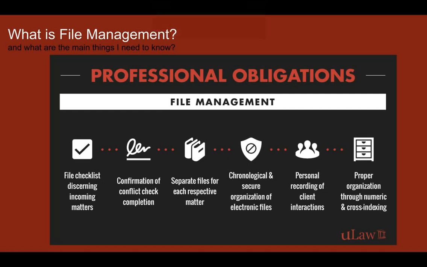And a chronological, secured organization of electronic files is needed, especially with all of it becoming electronic today. Things are moving virtual, things are moving to the cloud, and maintaining an electronic file numbering system is highly important for you.